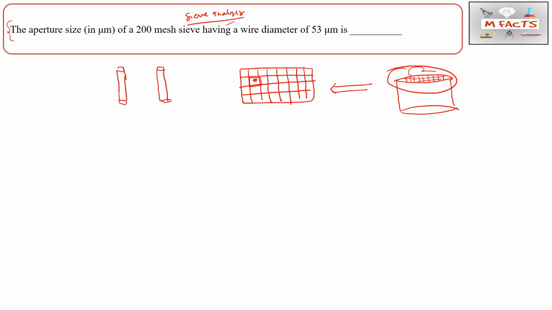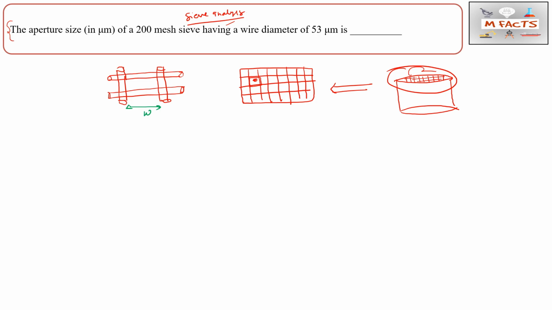Okay, so this is a magnified version of this wire, or you can say the openings. This much length is known as W, which is basically the mesh width.